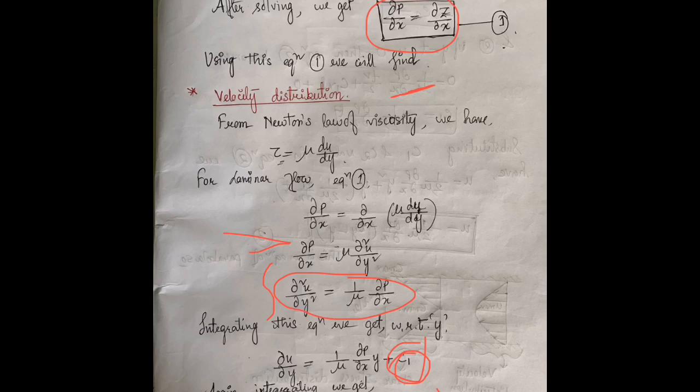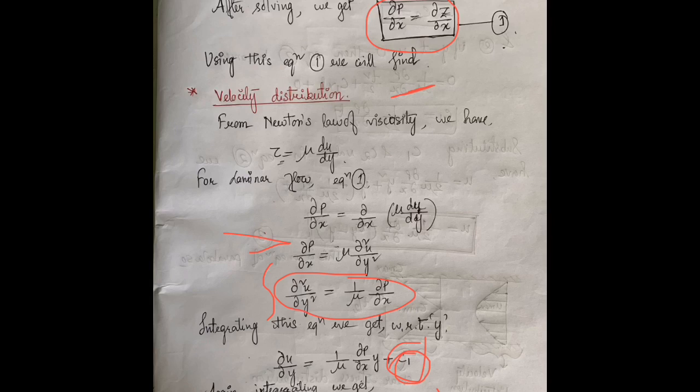So, to find out the constants C1 and C2, what do we have to do? We have to consider two boundary conditions so that we can find the values of C1 and C2.